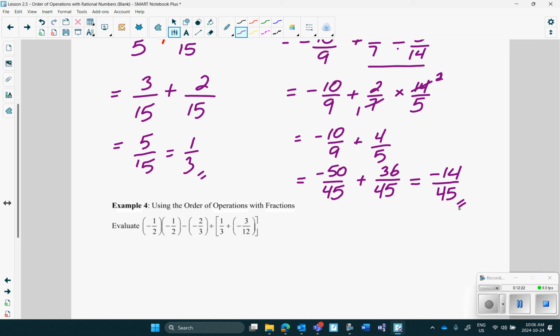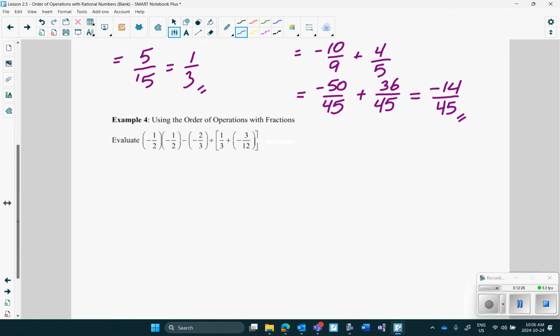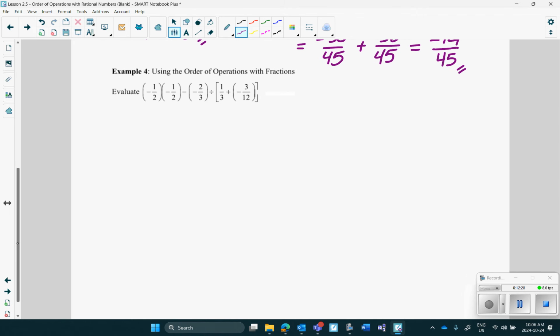Oh, this last one. It looks very complicated. But remember, for anything in parentheses first, multiplying and dividing after, adding and subtracting at the end. Do you see anything to do in parentheses?